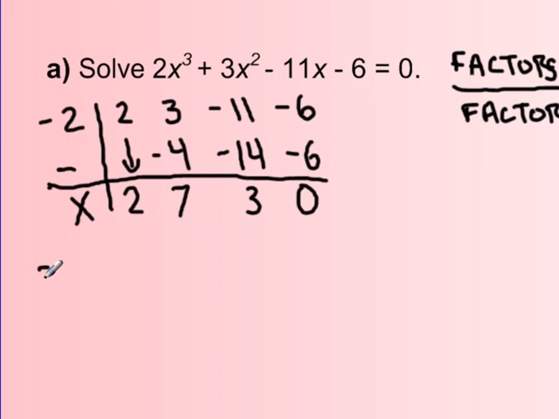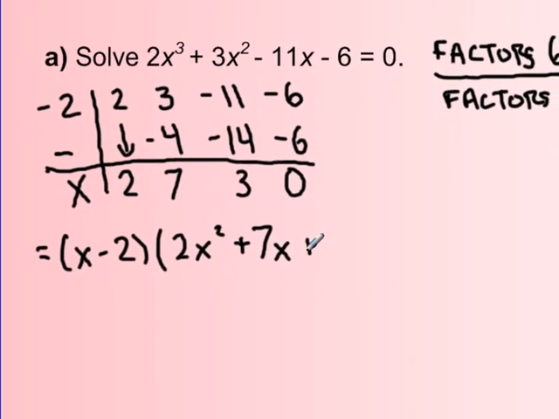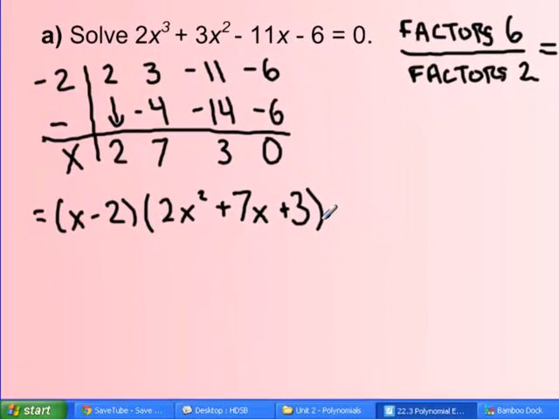So by doing one step of my division, I end up with a factor of x minus 2 and a second factor of 2x squared plus 7x plus 3. And this is equal to 0 since we're trying to solve.